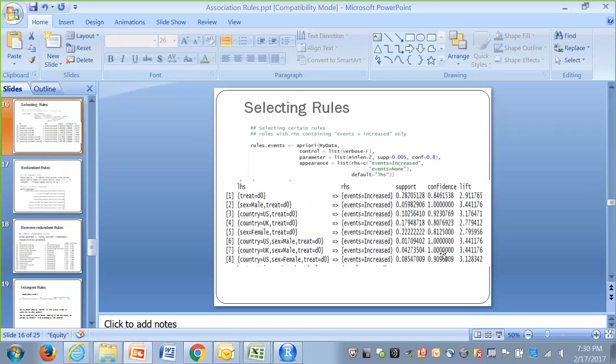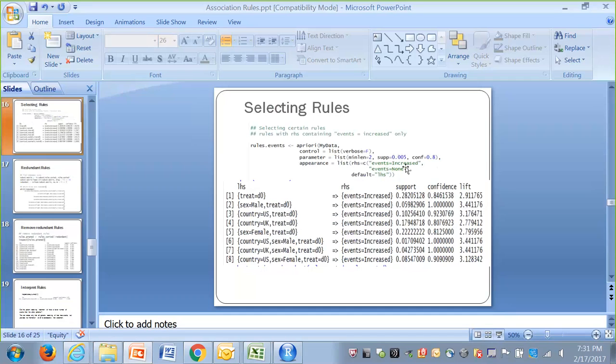Selecting the rules. As I was saying, there's a way to say, all right, I only want to compare a subset, and you can see this little piece of code, and we'll go to RStudio. What I'm doing is comparing the events that have increased with the events that haven't, basically no events.